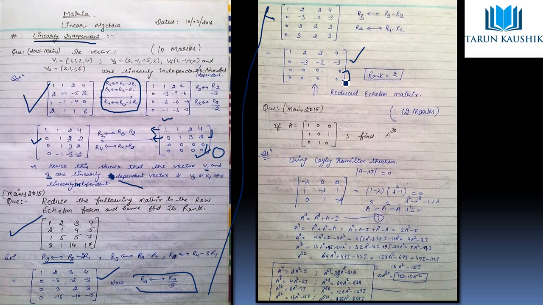So the last two rows correspond to a zero determinant, so we will neglect them, and in the first two rows, if you find a single collection of elements which forms a non-zero determinant, then that will correspond to the rank of that matrix.